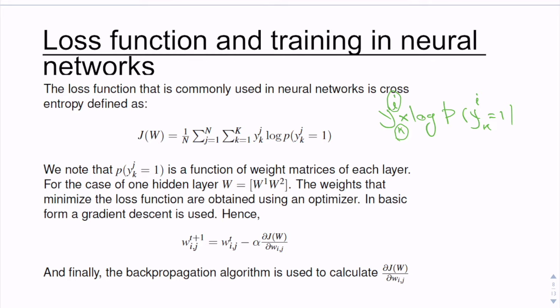And here, this is the probability of this unit and sample being equal to 1. In this multiplication, we know that for all other units this is equal to 0, because this sample is 1 for only one unit. So for one sample, we only compute one log probability. And then this is the cost function.